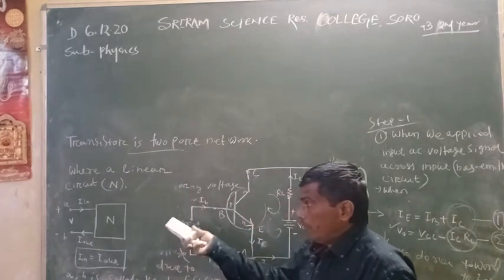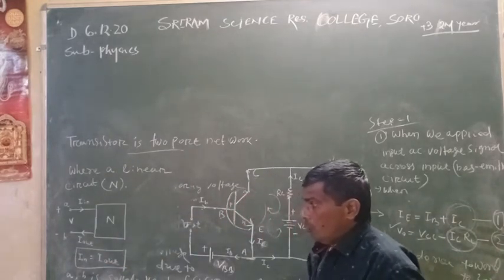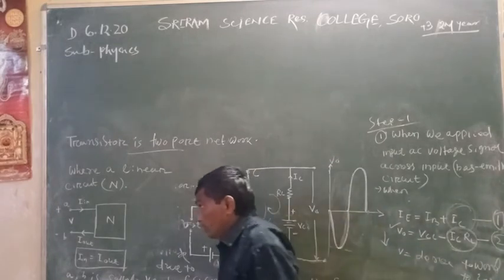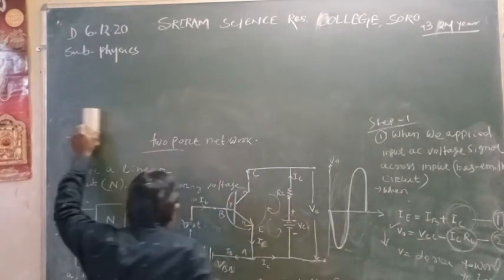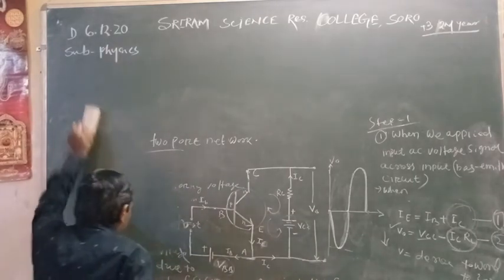Then the points A and B are called a port. When we discuss two-port networks, we discuss this.